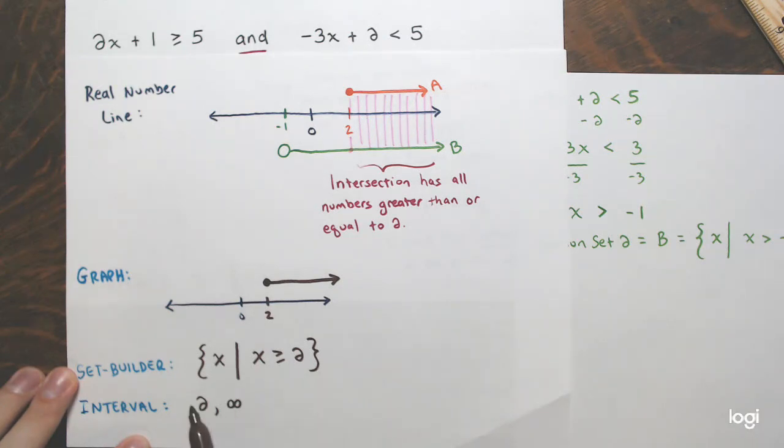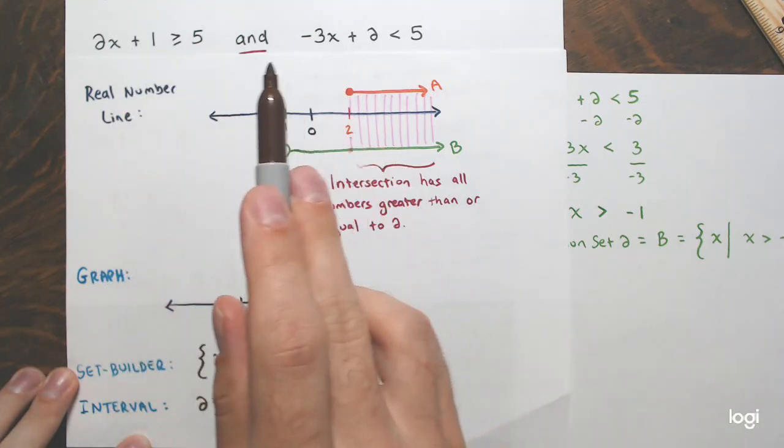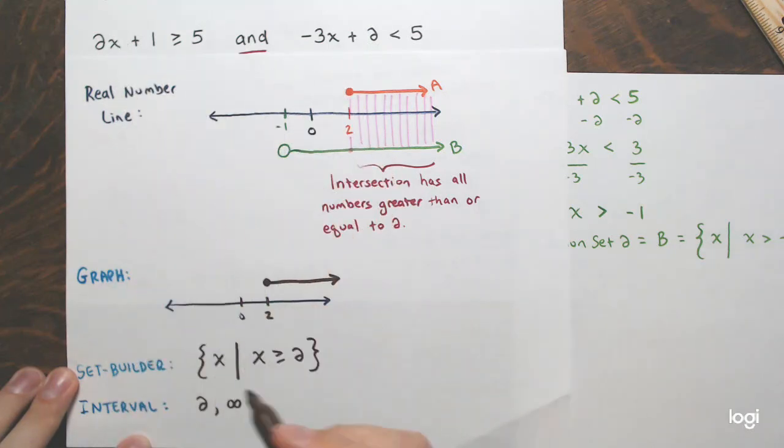And then we cap these off with either a parenthesis or a square bracket, a rectangular bracket, depending on whether or not those endpoints actually belong to the set. So how about the number 2? Well, we've seen that 2 is actually in this set. 2 is a solution to this compound inequality. It makes both of these true. So to indicate that 2 is a solution, I put the rectangular bracket.